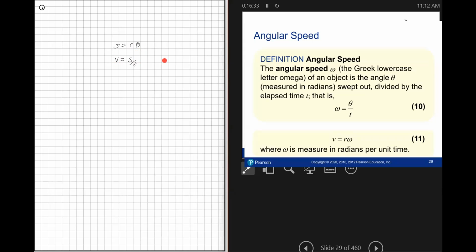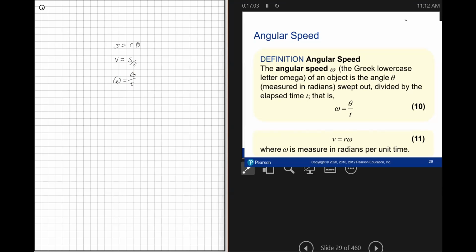So I can replace s with r theta, or wait a minute, what did I do? No, I didn't do that there. I did omega is theta over t, right? So that's the angular velocity, or the angular speed.